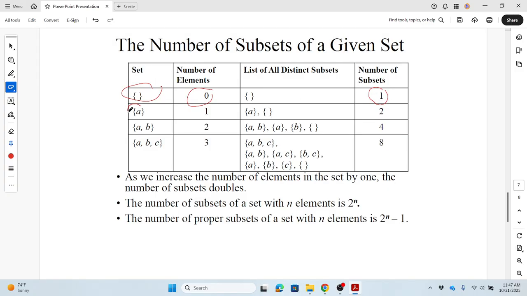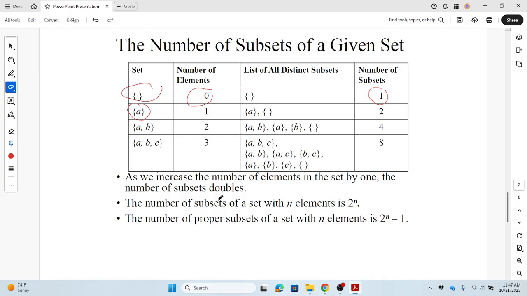Let's say you have a set with one element, then the number of elements is 1. There are two subsets you can create, the empty set and then the set itself. Let's say there are 2 elements, then you can create 4 subsets. Let's say there are 3 elements, then you can create 8. If you keep going like that, each time it will double.